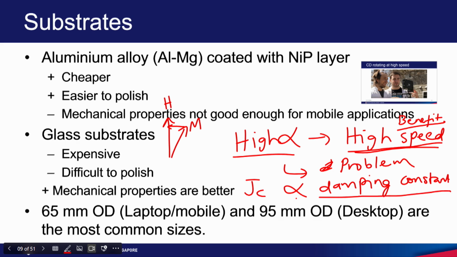So, what it means, if your damping constant is high, you need more current to write information. That means you spend more energy to switch the magnetization. So, it is good in one sense and it has a problem in another sense. Okay.